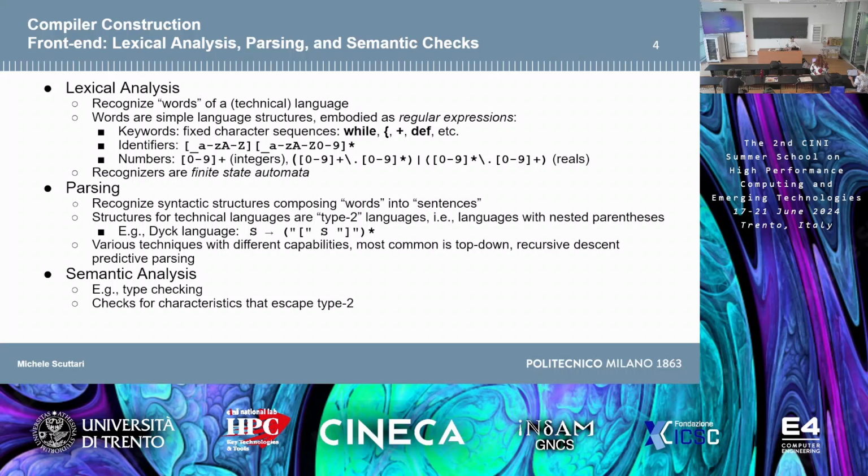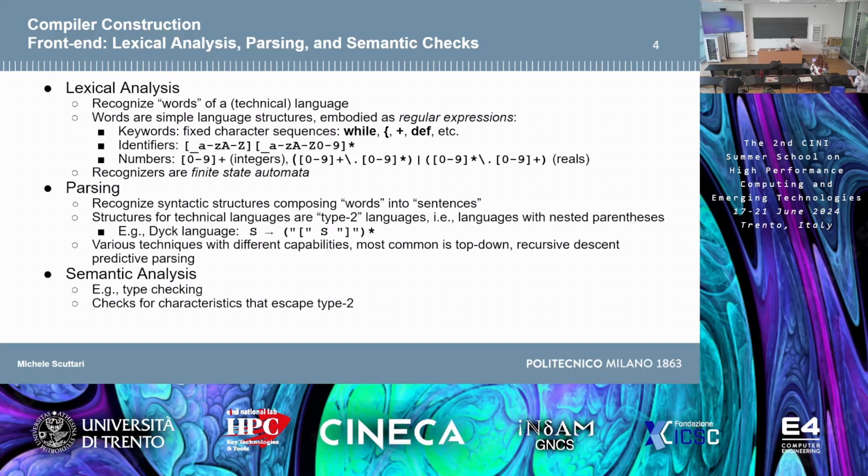Now, going into the full details of how the recognition of a language is performed is beyond the scope of a talk like this, but we can remember that the words of a technical language, so a programming language or a data representation language, are typically embodied by regular expressions.